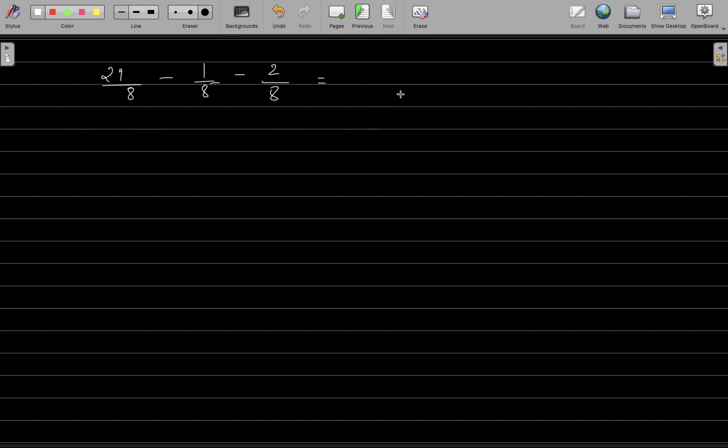Because they are like fractions, keep 8 as it is and subtract the numerators. 29 minus 1 minus 2. 29 minus 1 is 28. 28 minus 2 is 26. This will be 26 upon 8. When you simplify, 2 times 13 is 26. 2 times 4 is 8. So your reduced fraction is 13 by 4.